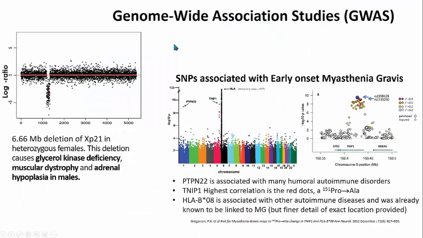A GWAS, or genome-wide association study, is just a technique we use to scan the entire genome looking for large insertions or deletions, as we did in this experiment. Basically, you take sibling pairs and you compare them to each other. The vast majority of the normal individuals fall along this static line.